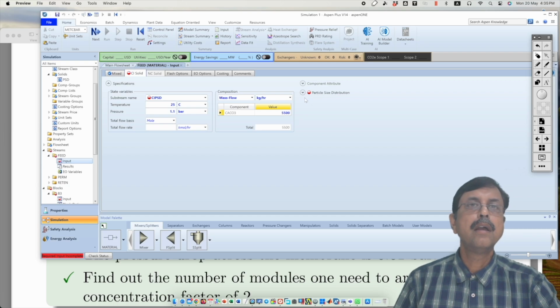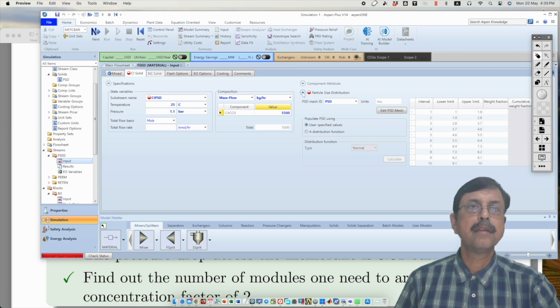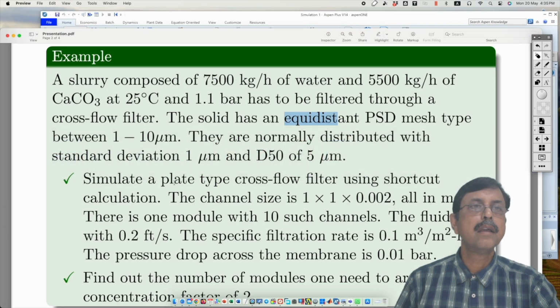And then the particle size distribution will be normal, standard deviation 1 micron, d50 is 5 micron.